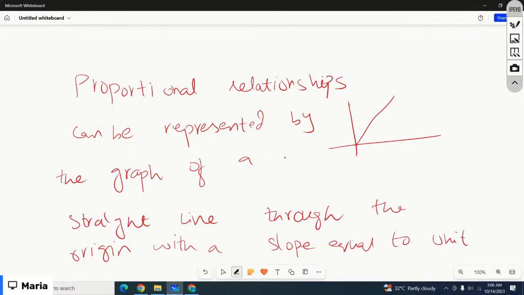So that is about the graph of the proportional relationships. The proportional relationships have a graph that is a straight line and the graph is passing through the origin, right?